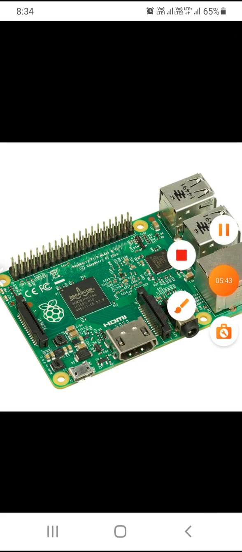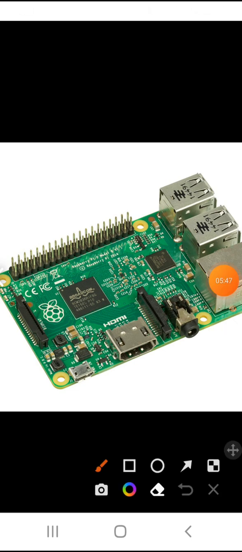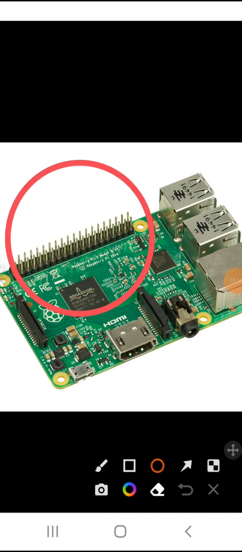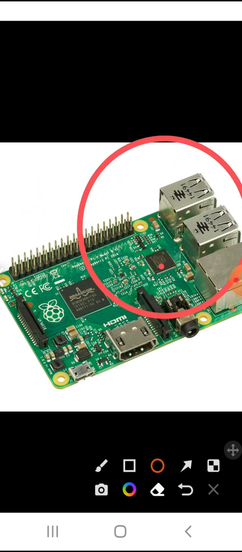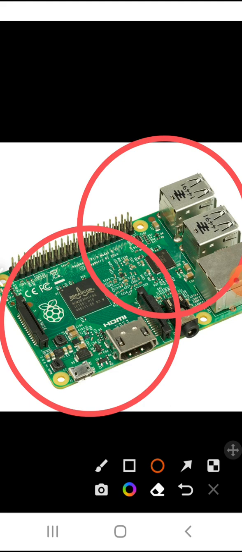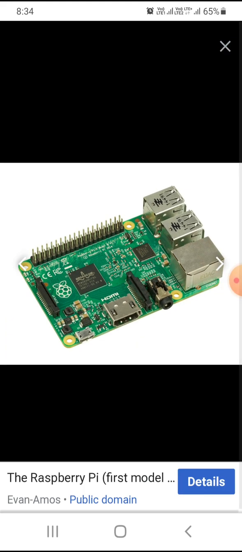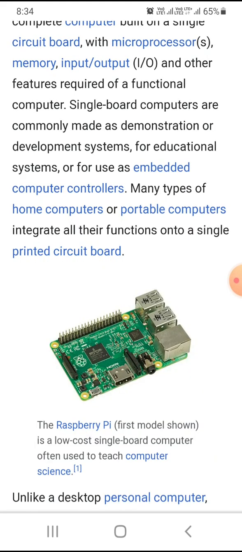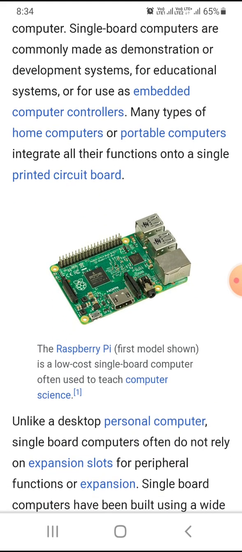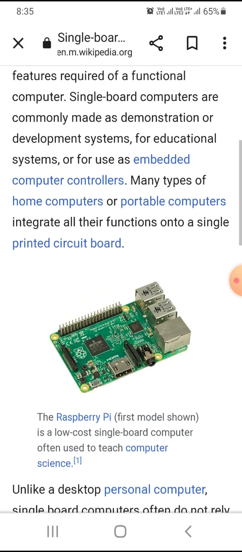Here you have a single processor, and you can use this. This is the Raspberry Pi first model, and it's a low cost single board computer. It's often used to teach computer science.